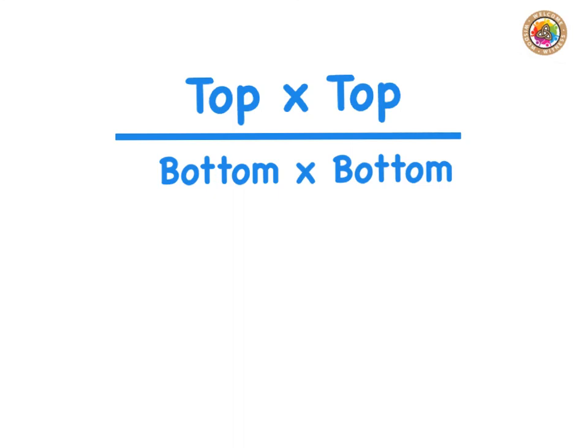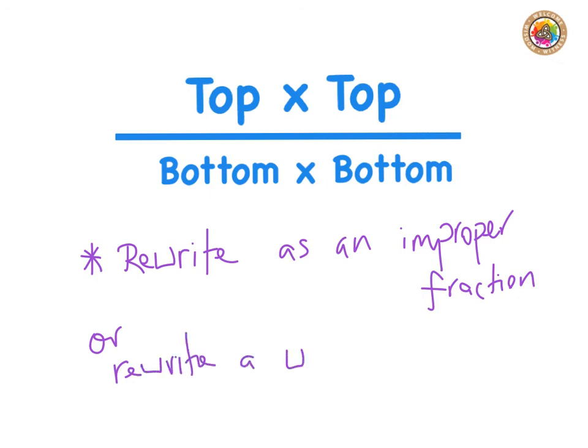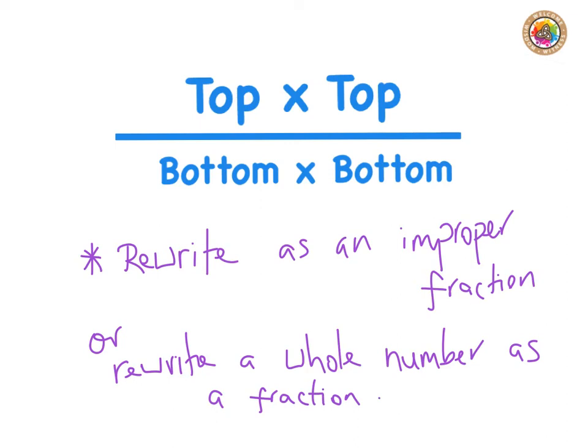And just in case we need to, we rewrite a mixed number as an improper fraction, or we rewrite a whole number as a fraction. But always when we're multiplying, it's always going to be top by top, bottom by bottom. And that's it for multiplying fractions.